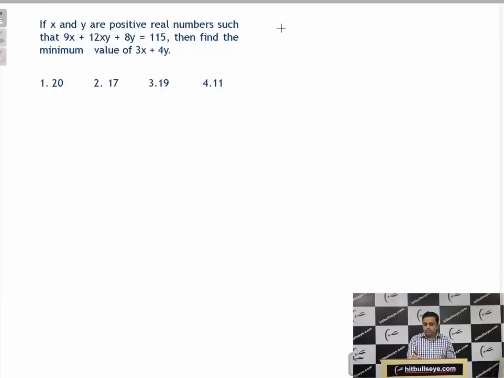So here we have 9x plus 12xy plus 8y equals 115. We need 3x here. So from the first two terms I will take 3x common, and what is left behind is 3 plus 4y. Now to factorize the left hand side, I will require again 3 plus 4y, and the term given here is 8y, and we have 4y in the bracket.